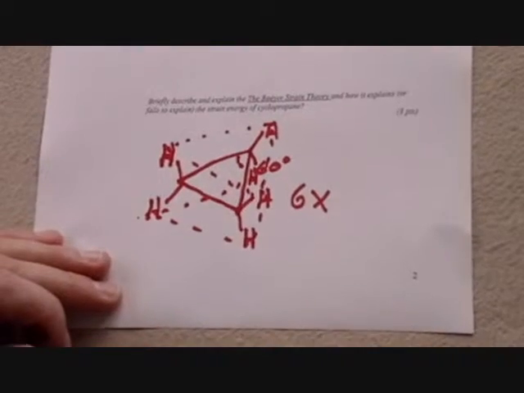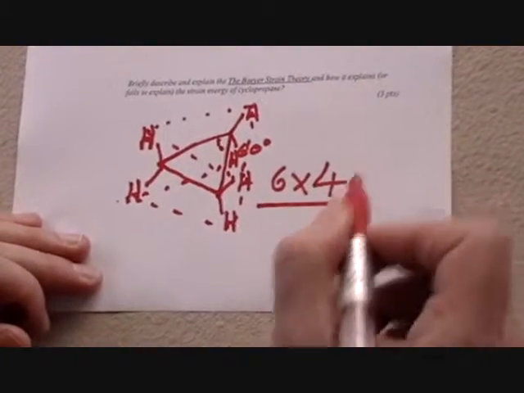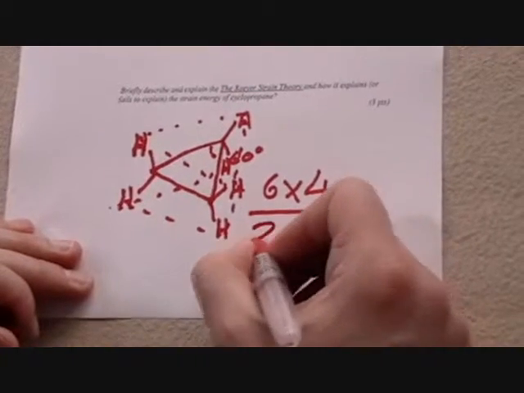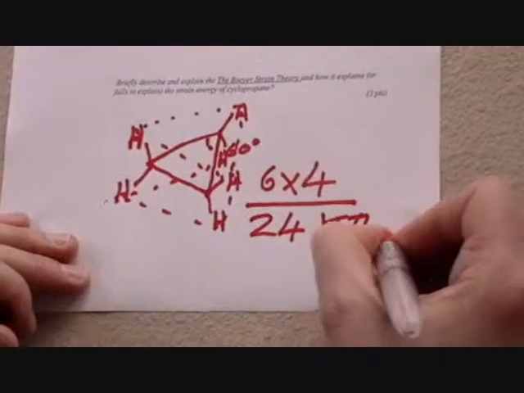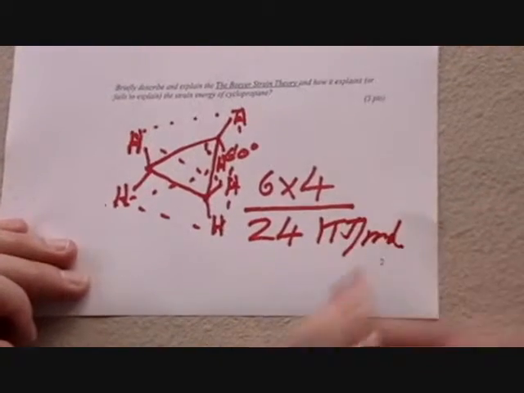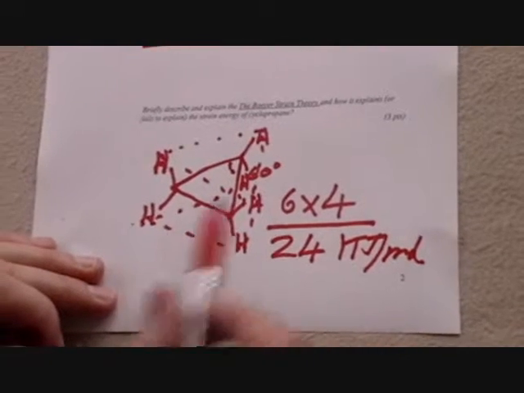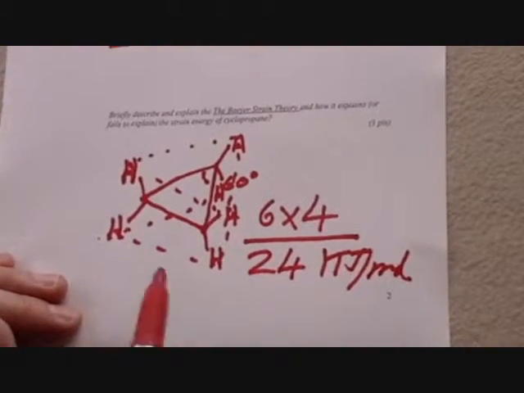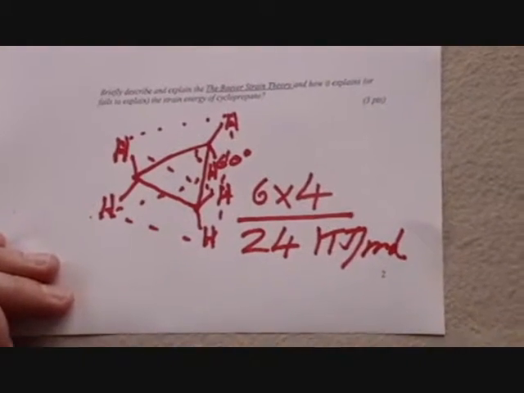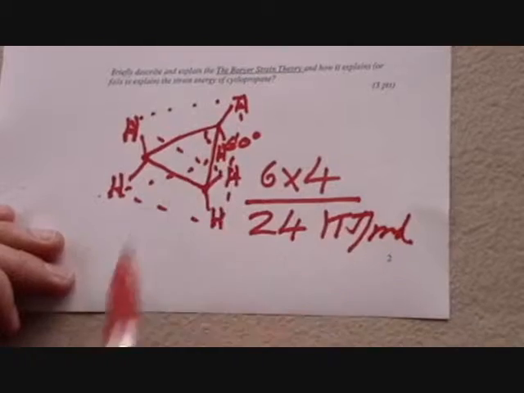And it's hydrogen to hydrogen each time, which is 4 kilojoules per mole. So total torsional strain energy, we said, would be 24 kilojoules per mole. So the strain energy of this molecule is something like 115 kilojoules per mole, much greater than the torsional strain that we see here.